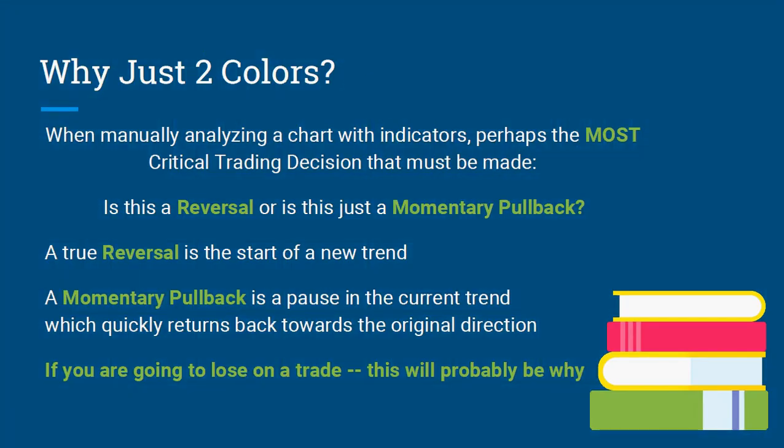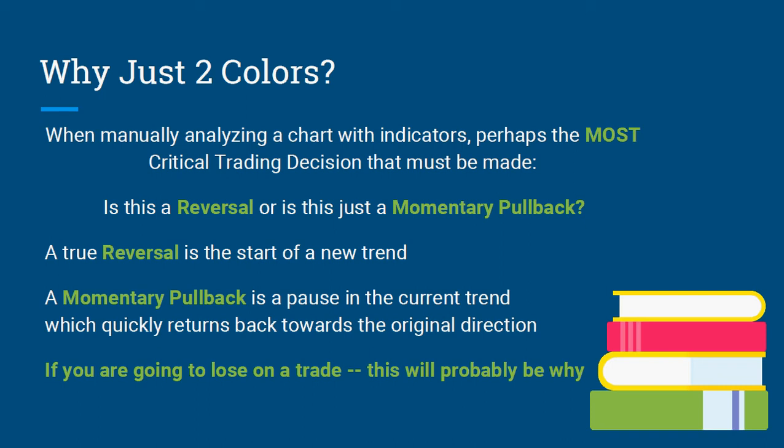So why just colors? Why not keep the red and green that candlesticks normally have? Well, here's what we believe. If you're going to lose on a trade, chances are it's because you didn't recognize the difference between a reversal or a momentary pullback. A true reversal is the start of a new trend. It was going up, now it's going down.